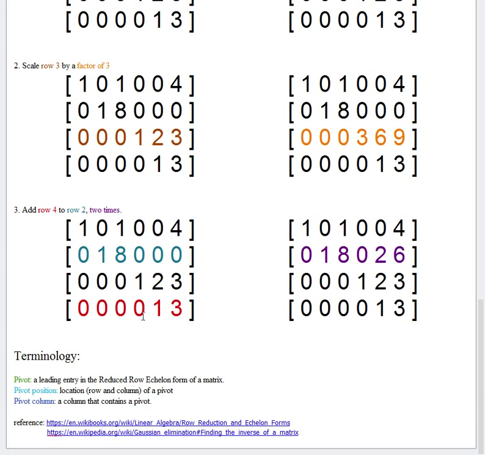Column 4 is a pivot column, and column 5. 6 is not. And pivot positions in this matrix would be row 1, column 1; 2, 2; 3, 4; and 4, 5.